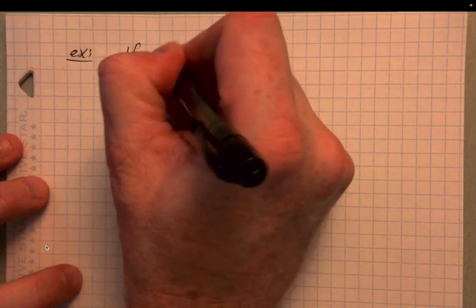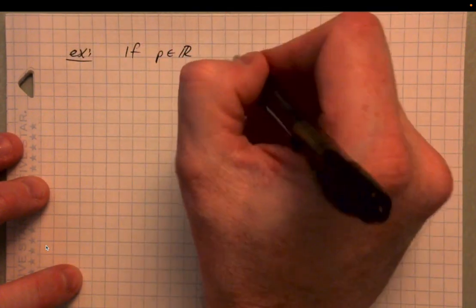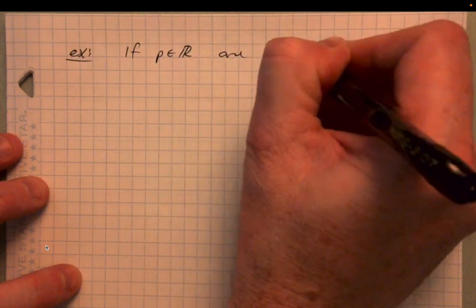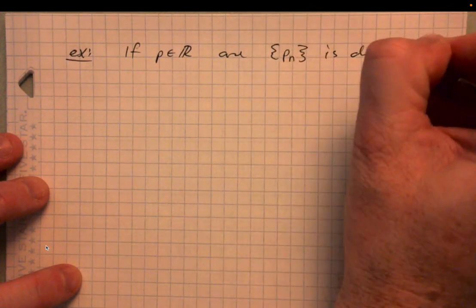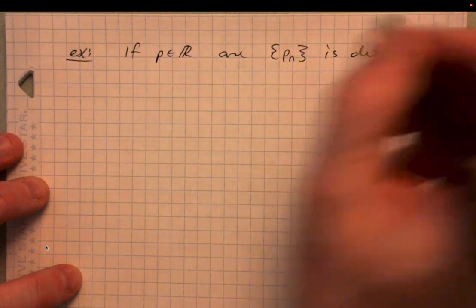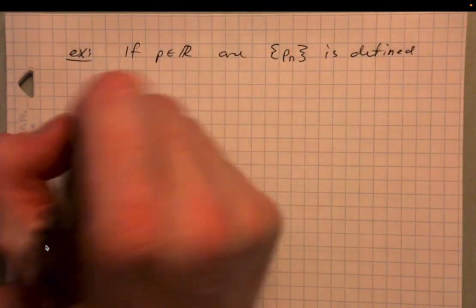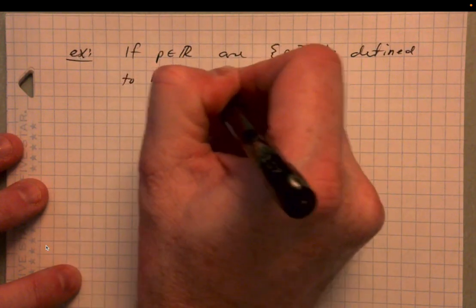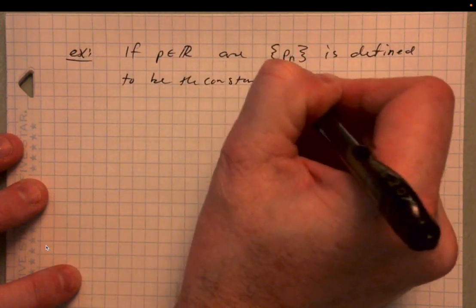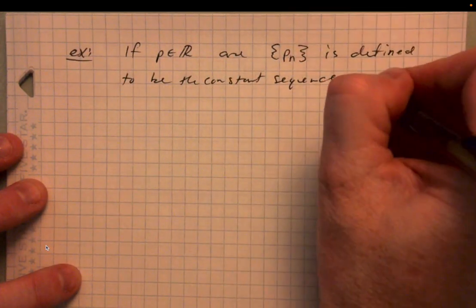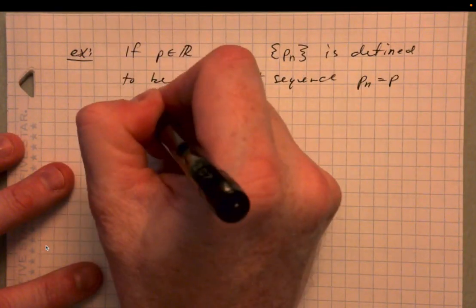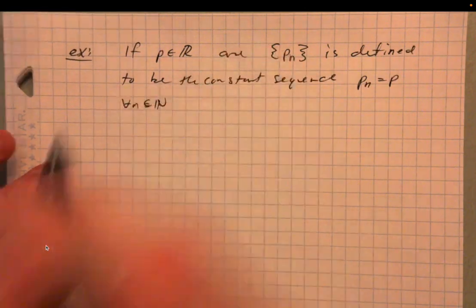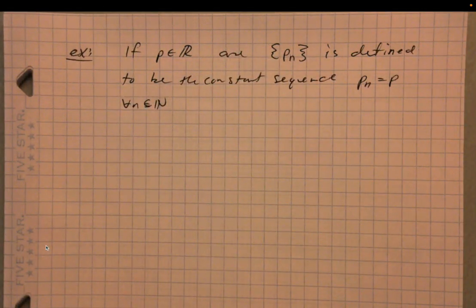So let's let p be in the real numbers, and we'll define the sequence p sub n to be the constant sequence where p sub n is equal to p for all n, right, so for all natural numbers. I mean, this would be like the sequence 2, 2, 2, 2, 2, 2, 2, 2 to infinity, right?